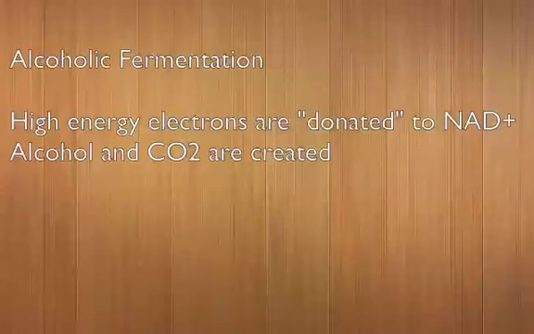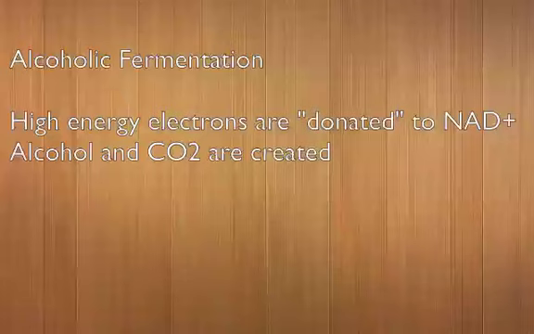Okay, so one type of fermentation is alcoholic fermentation. What happens during alcoholic fermentation is NADH cannot drop off its electrons anywhere, so it donates them to the two pyruvic acids. So that creates an NAD+.